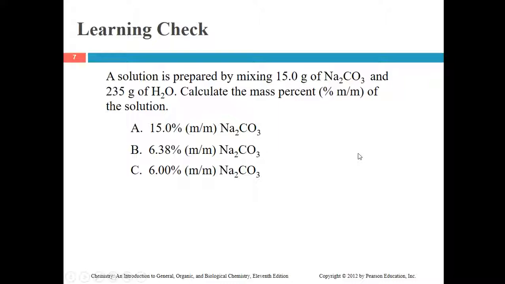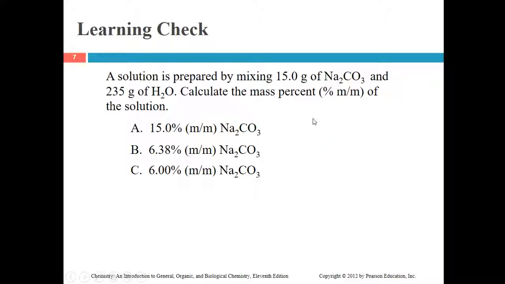Okay, so you know that the formula is the mass of the solute, which is the sodium carbonate, over the mass of the whole solution, which is the 15.0 grams of this plus the 235 grams of water, then times 100 to make the percent. So let's see, 15 plus 235 is going to be 250.